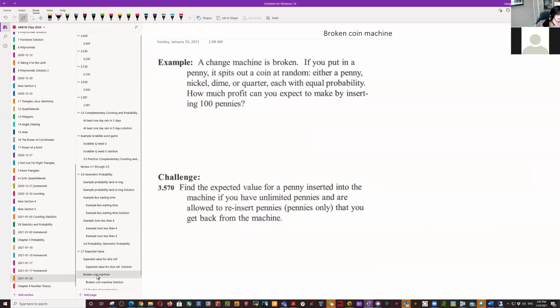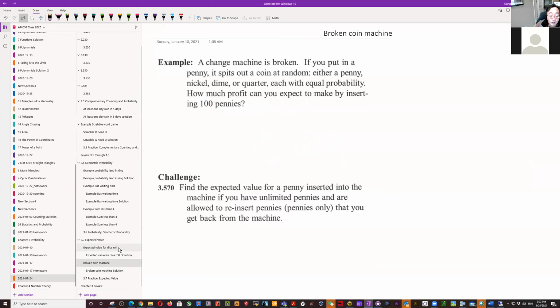Then we have the coin machine problem. A change machine is broken: if you put in a penny, it spits out a coin at random, either a penny, a nickel, a dime, or a quarter, each with equal probability. How much profit can you expect to make by inserting 100 pennies? In this type of problem, you still assume perfection.